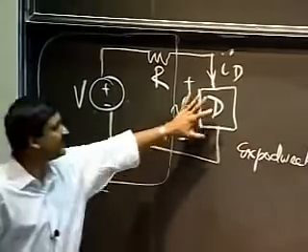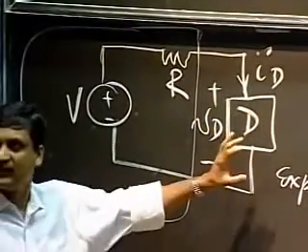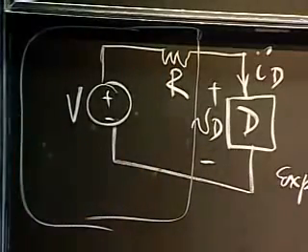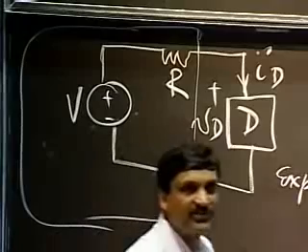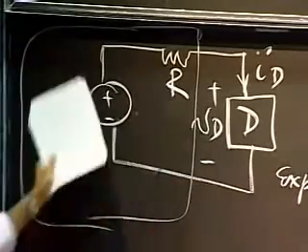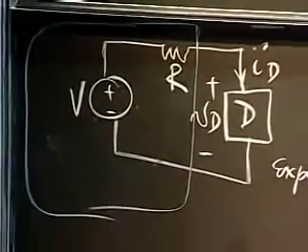If all you care about is the behavior of the nonlinear device, you can take this entire linear circuit, no matter how complicated it is, voltage sources, current sources, resistors, and a bunch of other funky stuff, and boil all of that down to a Thevenin equivalent, a voltage and a resistor in series.